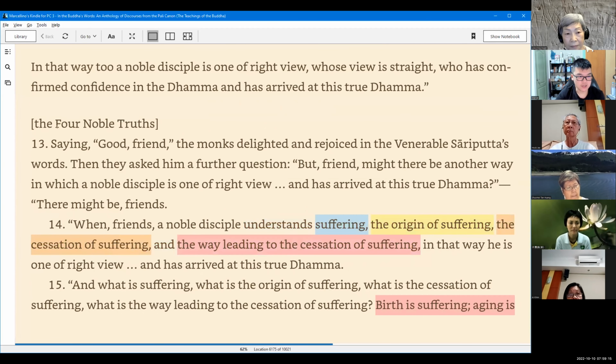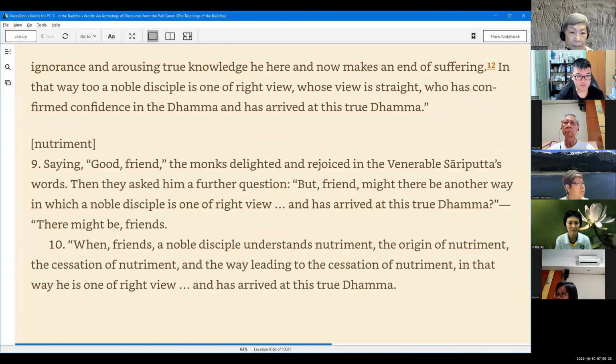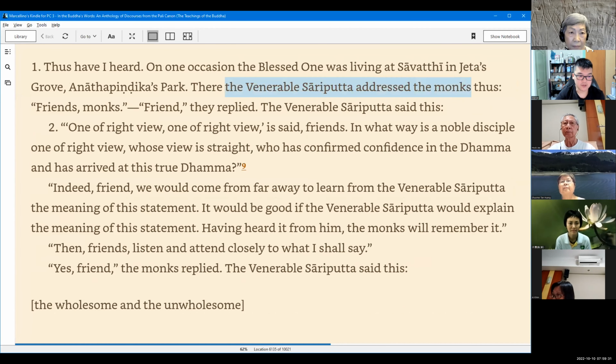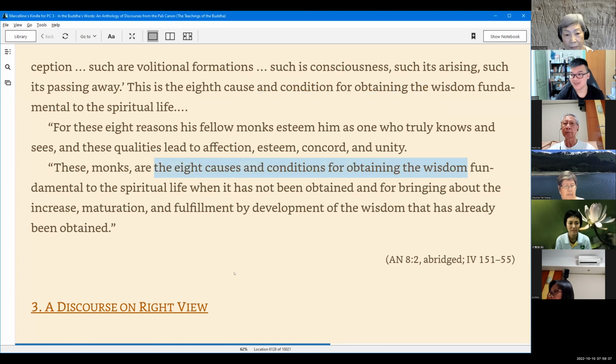And before aging and death, we took a look at the four noble truths. Then before the four noble truths, we read about nutriment. And before nutriment, we covered the wholesome and the unwholesome. That is basically the summary of right view.